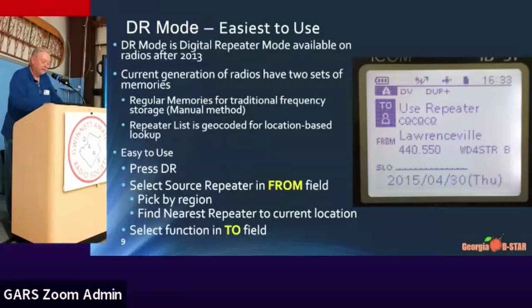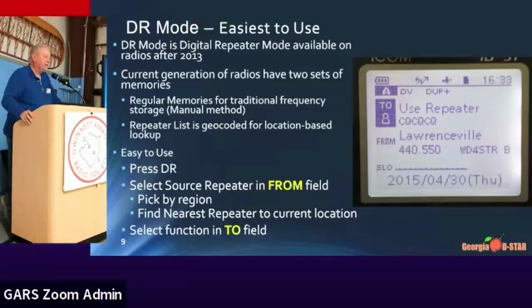The simplest thing is it'll say use repeater or use reflector, CQ CQ CQ. That's my normal talk thing. So if I just want to talk, that's fine. Now, let me give you another little piece of information. If a repeater is already linked to a certain reflector, and you talk on that repeater that's linked, you go with it.